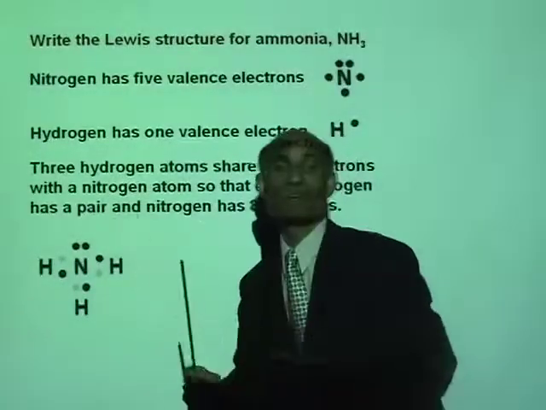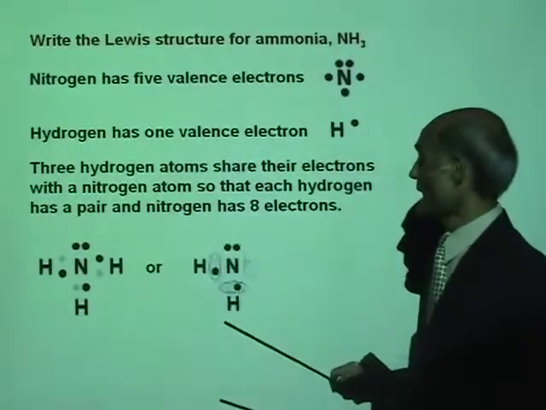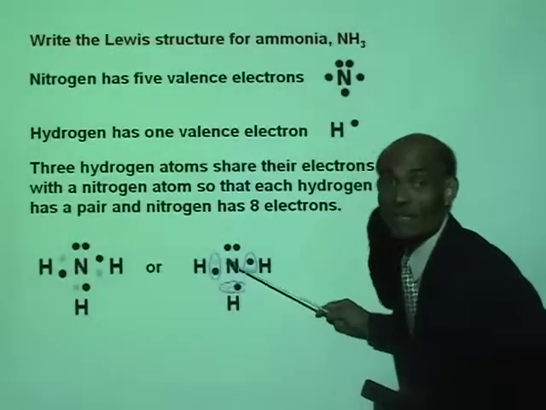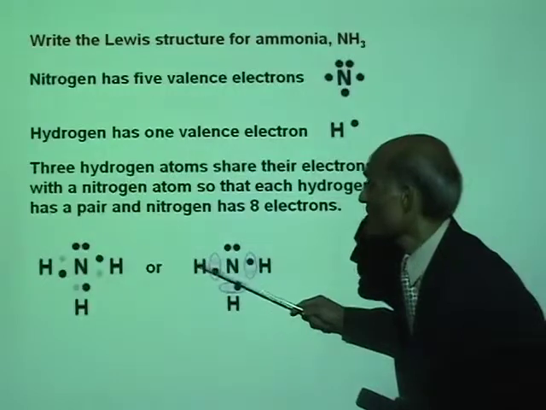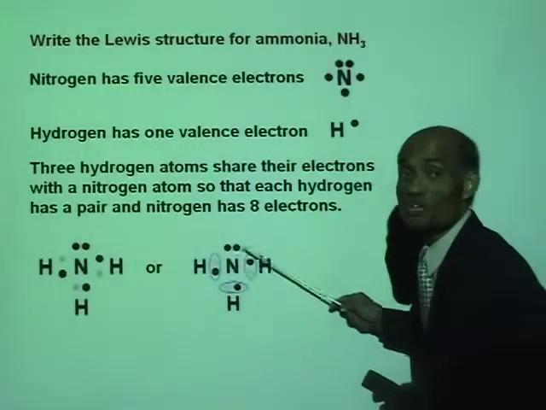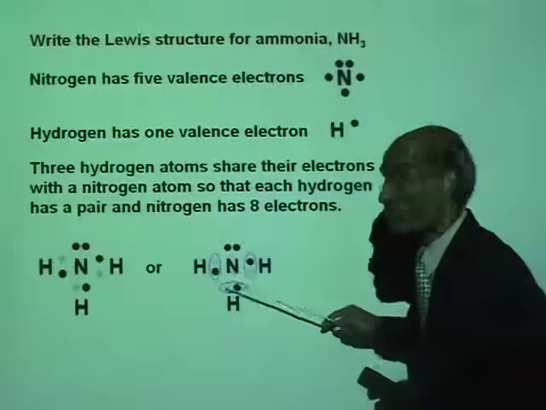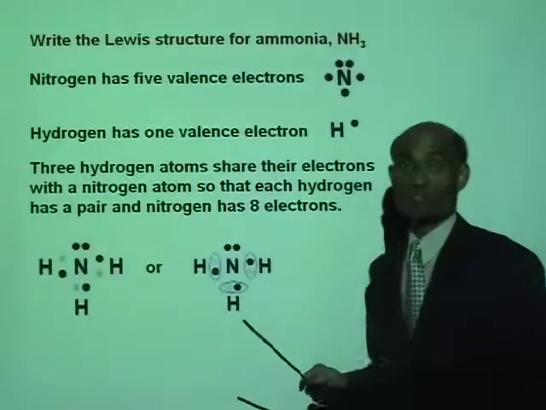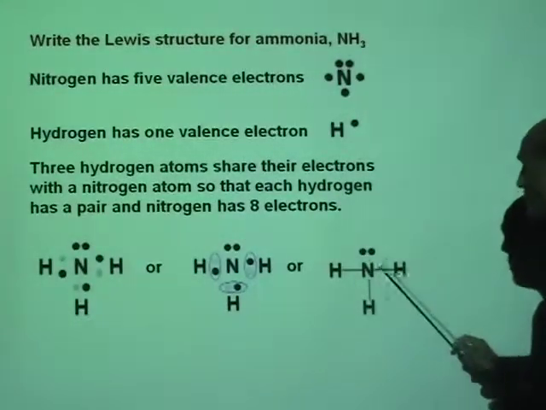That's a beautiful arrangement. And this is NH3, and this can also be represented like this. What does that represent? This pair is shared between hydrogen and nitrogen. This pair is shared between hydrogen and nitrogen. This pair is shared between hydrogen and nitrogen. Or by using lines, look at that.